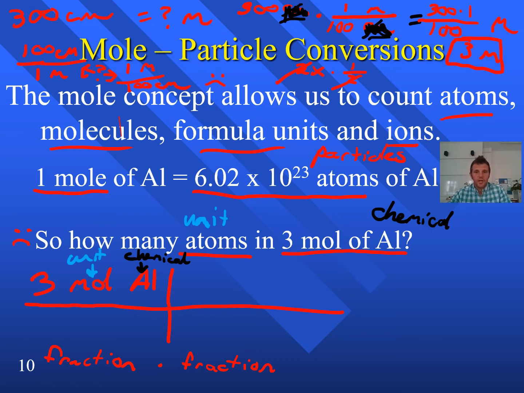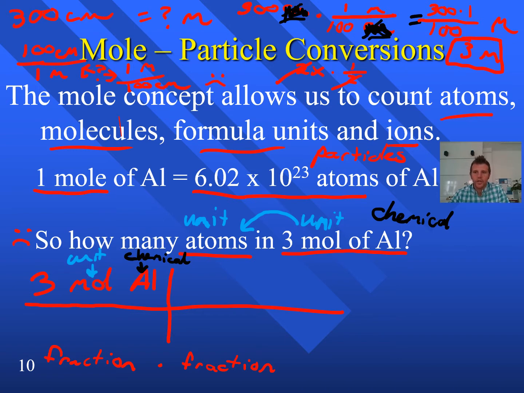So since I can see the question has two different units, I'm going from moles to atoms, I'm only changing the unit. Another clue that I know that this is the case is the only element that's talked about here is aluminum. So probably not changing the chemical since there's no other chemical available.